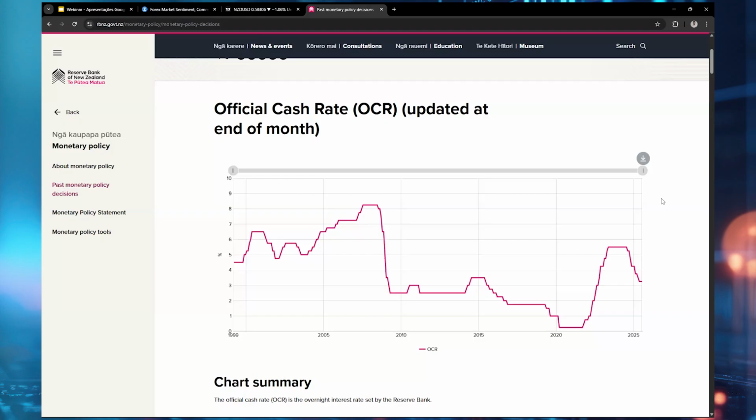So if we think about other things that I've been teaching you, what should we look into in a rate statement? Do you remember? Let's see who can answer me that. They don't need to be correct. I just want to see how you are paying attention to what I'm saying every single day. What are the main things you should pay attention to when the central bank releases the interest rate decision?